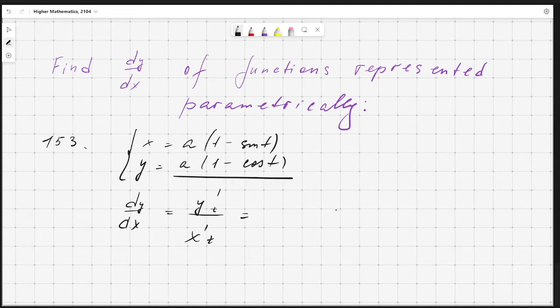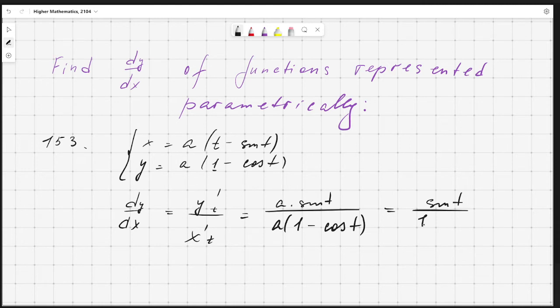Y prime, this y, a times derivative of minus cosine is just sine of t. Here t, here 1. A times 1 minus cosine of t. This is the answer. Sine of t over 1 minus cosine of t. Is it clear? Yes.